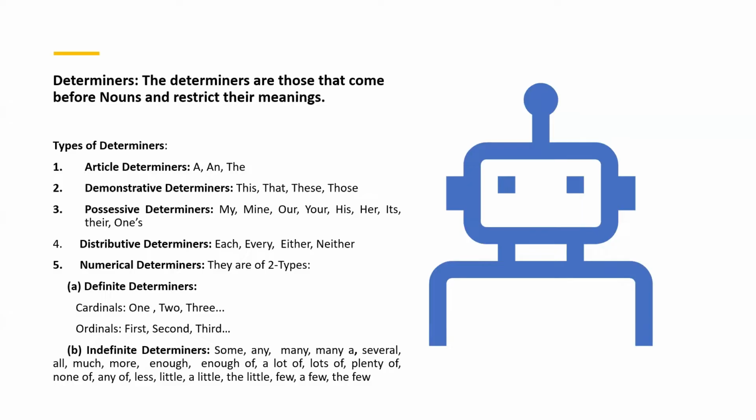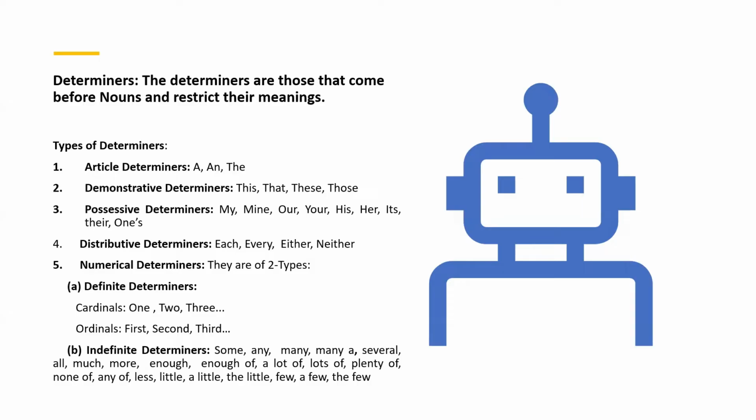A determiner is that which comes before a noun and restricts its meaning. If I say, this is a cow, so a is determiner here and cow is a noun. So determiner a has come before a noun cow. This is your total understanding.